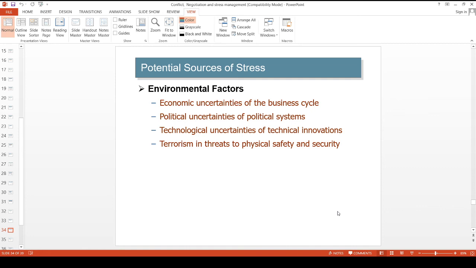As you can see, in the technological and telecommunication environment there are so many innovations, and they occur so quickly that managers have to be vigilant in order to cope with these technological changes. So whenever these technological uncertainties are there, the stress will be there, and these are potential sources of stress. Similarly, terrorism and threats to physical safety and security within the organization can also be factors which may lead to stress.